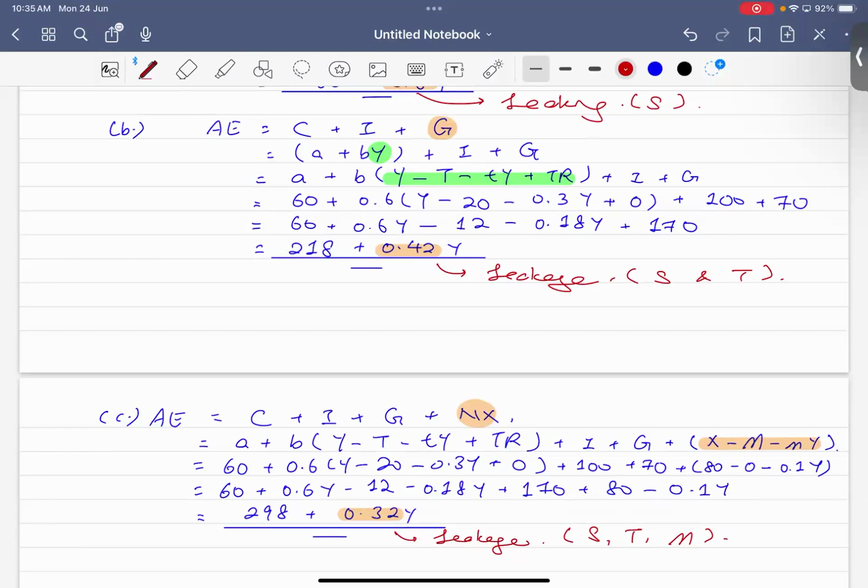For this one, usually students will not make mistakes because it's just algebra. Later, there's one that's still algebra, but students usually make some mistakes when it comes to the multiplier. So we'll look at the multiplier in a while. But for now, all this is just an aggregate expenditure function.